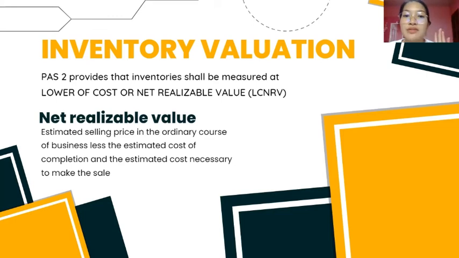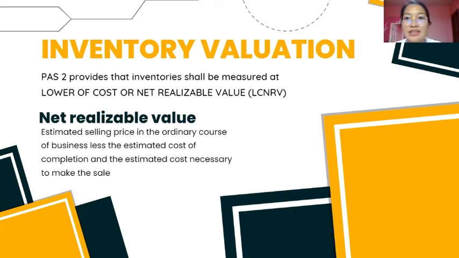Net realizable value is the estimated selling price in the ordinary course of business less the estimated cost of completion and the estimated cost necessary to make the sale. Whichever is lower should be reflected in the balance sheet, on the inventory line.